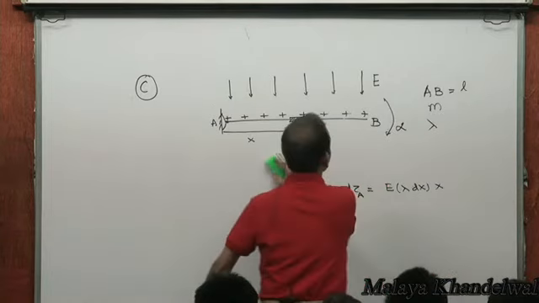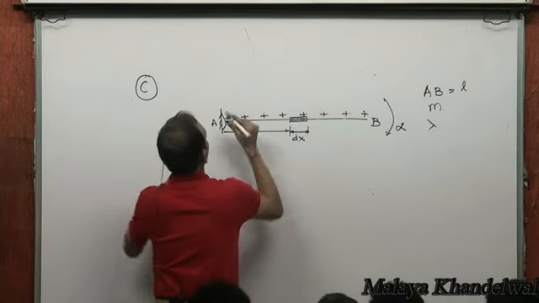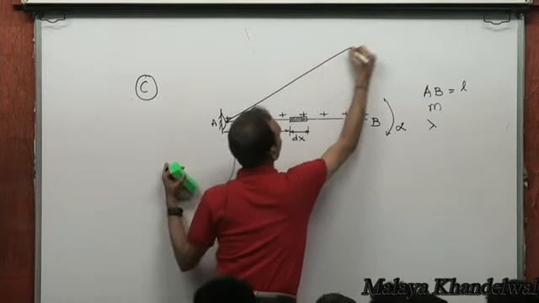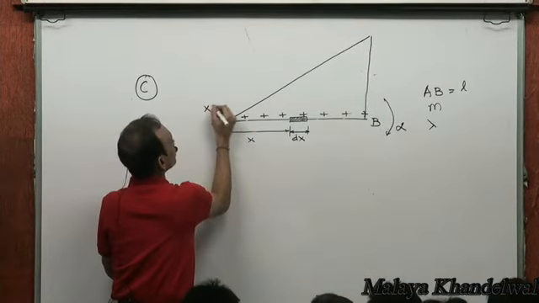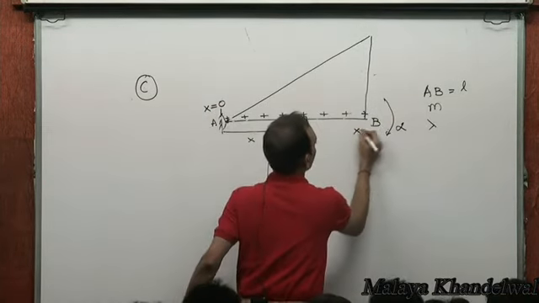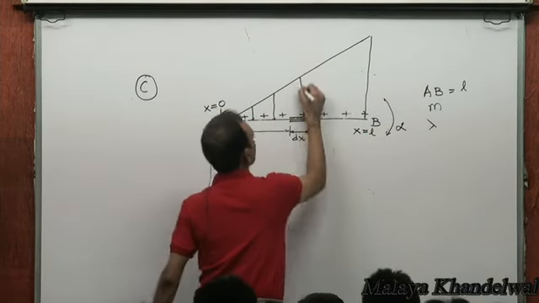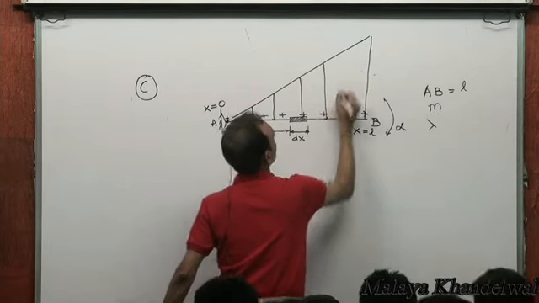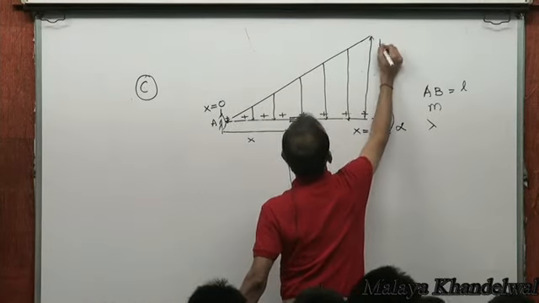the field was not uniform, say we had a field that varied this way. This is, say, x equal to 0 to x equal to L. This is how the field varied, and the field at x equal to L was, say, E naught.